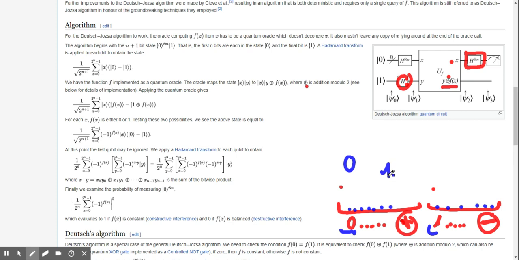So the ones that got a 0 in here will have a preceding 0.